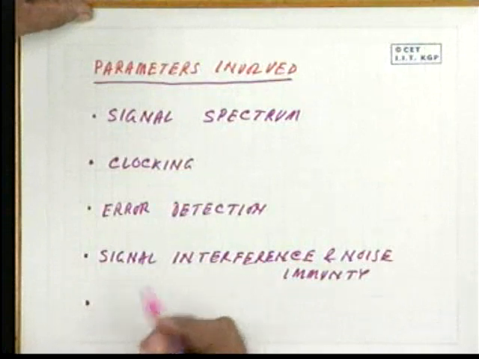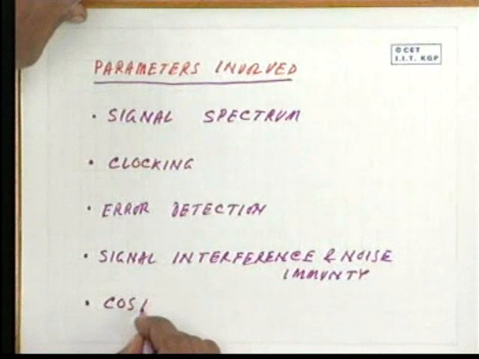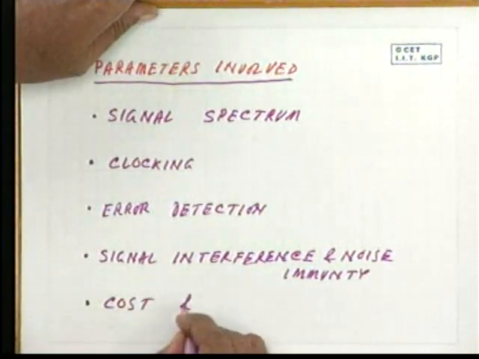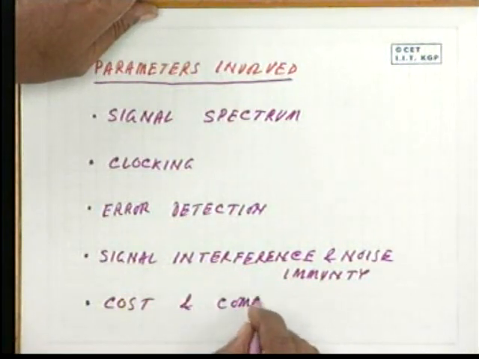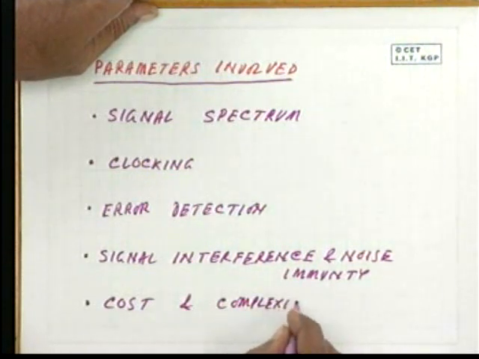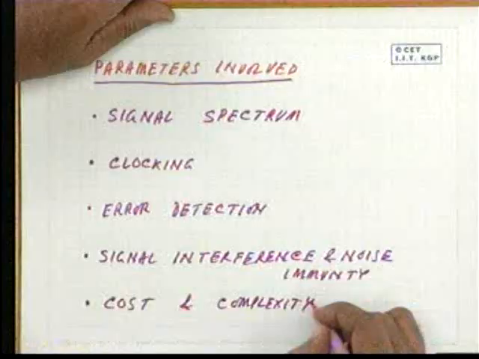Finally, any encoding technique will involve some cost to implement that particular scheme. So cost of implementation and complexity will also play an important role.